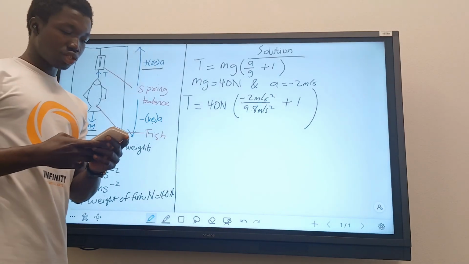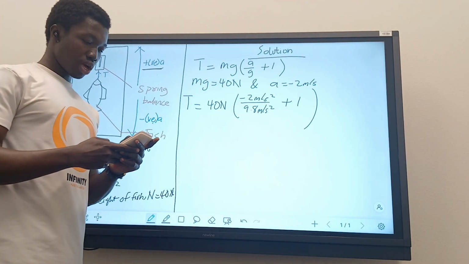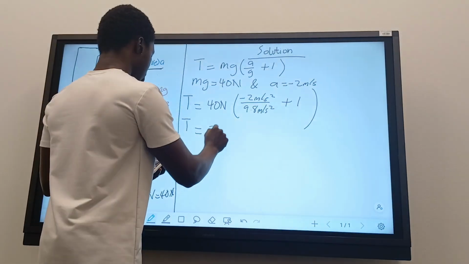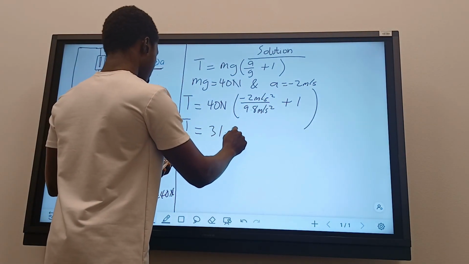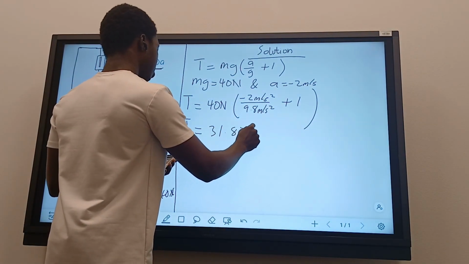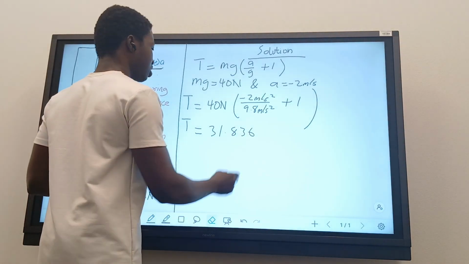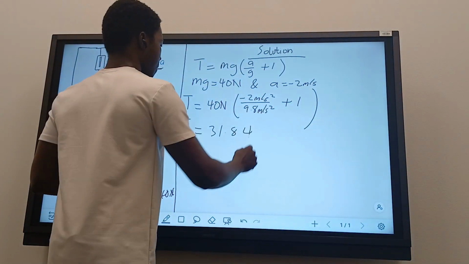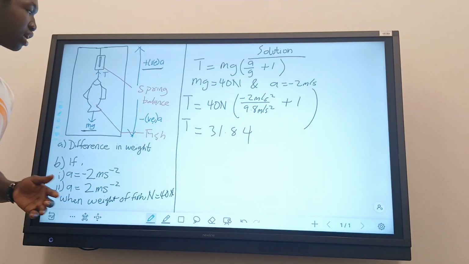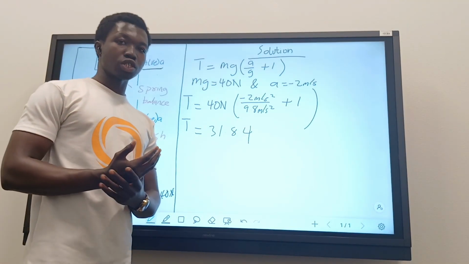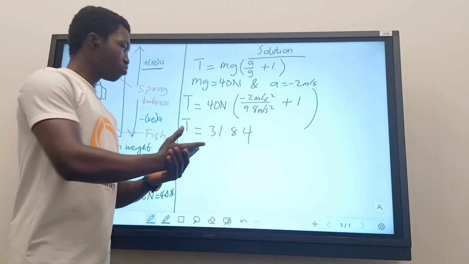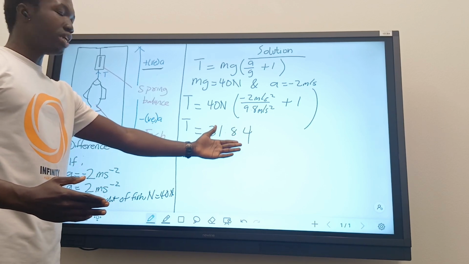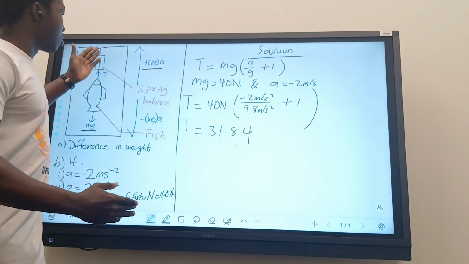Now punching this into our calculator, we are going to get T to be equal to 31.836, which we can take as 31.84. Good. So as I said earlier, the tension of the string is proportional to the weight. So this is now the reading on the spring balance.